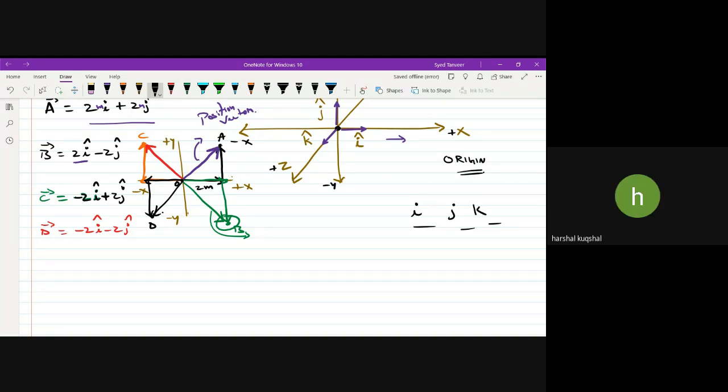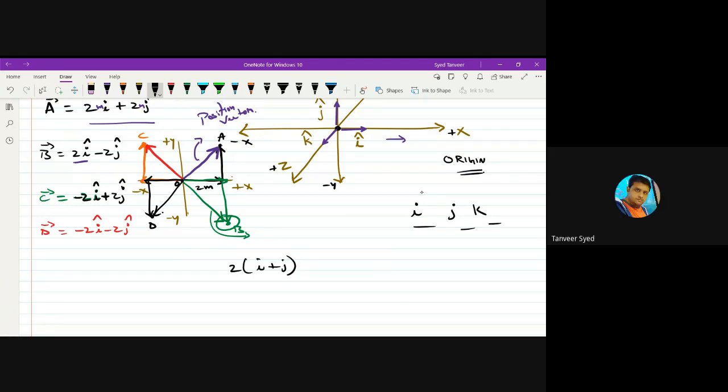Sir, I have a doubt. While representing, can't we take 2 common? Okay, you can take 2 common. You can write it as 2 into i plus j. Sir, it also conveys the same meaning.